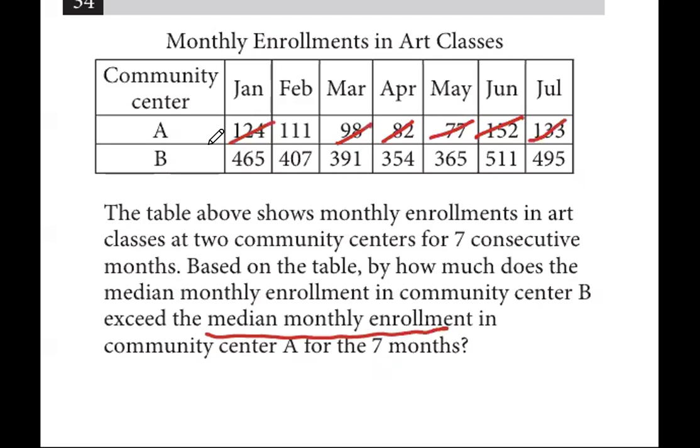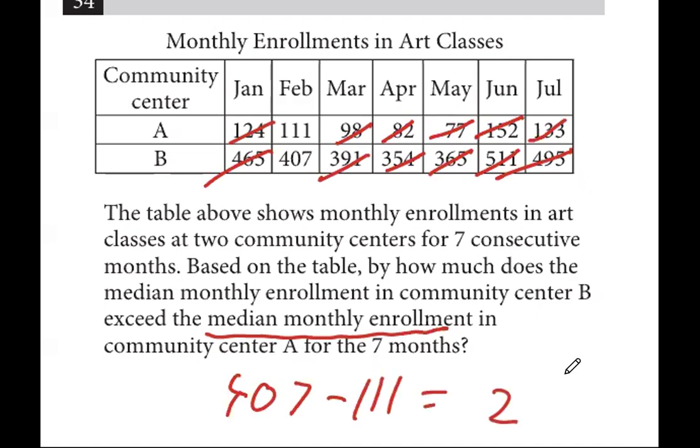So for A, it would be 111, and then for B, it would be 511, 365, 495, and 3. It would be 407. So for the difference, it would be 407 minus 111, which is 296. So the correct answer is 296.